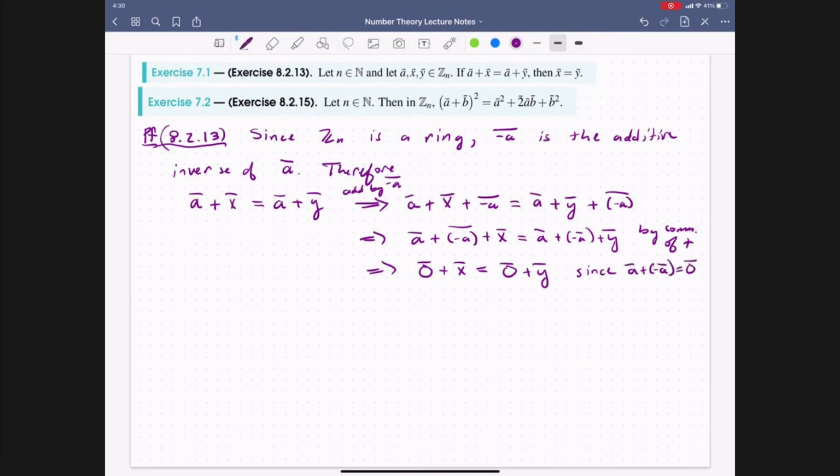So we have this. But then 0 is the additive identity. So we get x bar equals y bar, since 0 bar is the additive identity. And we are done. We have now proven A2 13. So let's go ahead and do the next one.